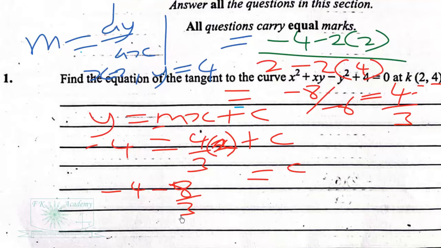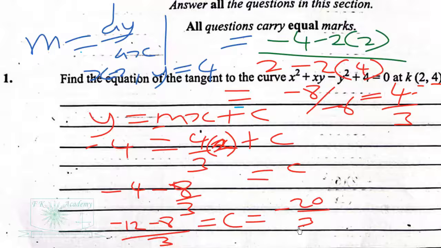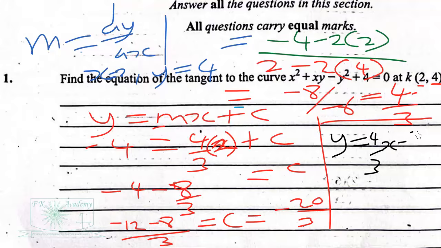So that will give us negative 12 minus 8 over 3 equals c. Or c is equal to negative 20 over 3. So when we fix it back here, we obtain y is equal to mx, that is 4 over 3x minus 20 over 3.